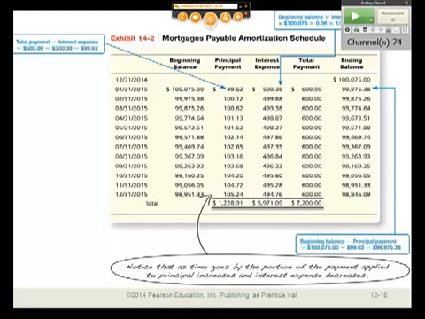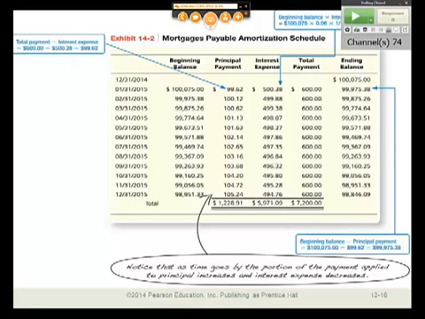The interest is going to be 6% on the opening balance. The beginning balance is $100,075. 6% of that is going to be the interest of $500.38. The difference between your total payment of $600 and the interest becomes the principal pay down.